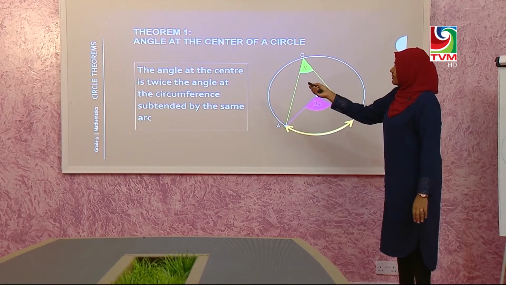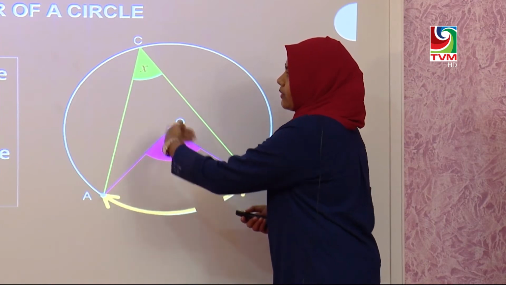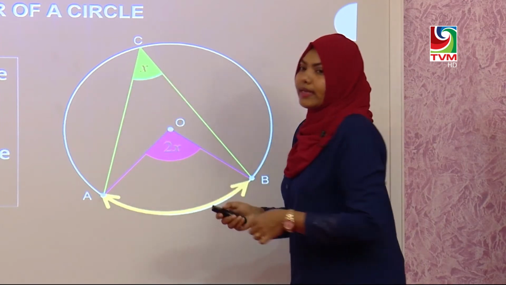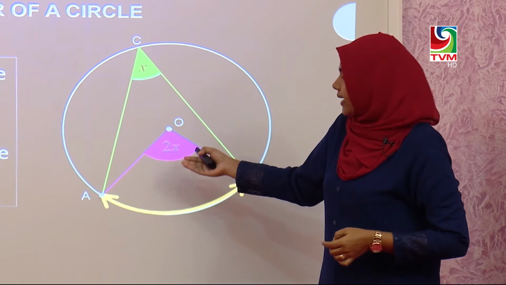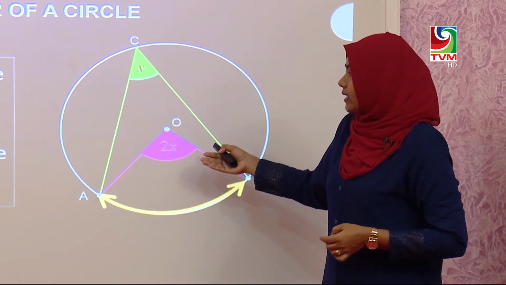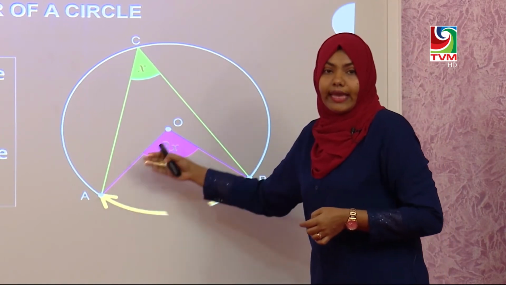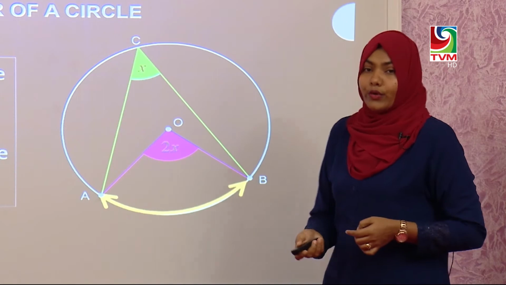So it is always twice. It means the center angle will be times 2. For example, if x is 20, what will be angle AOB according to this theorem? It will be 40. If angle ACB is 20, the angle AOB will be 40.